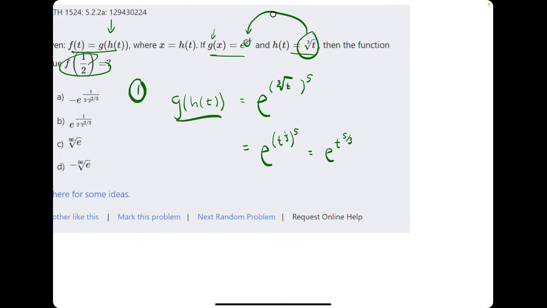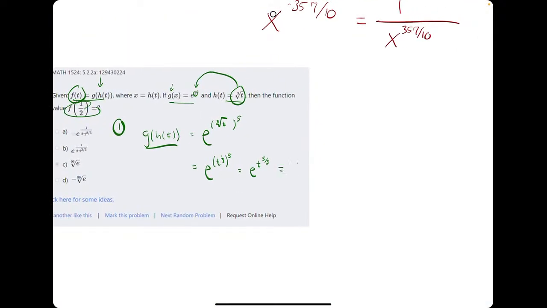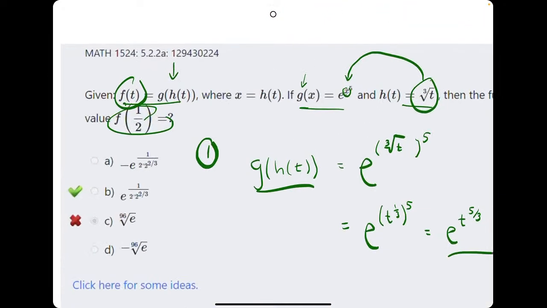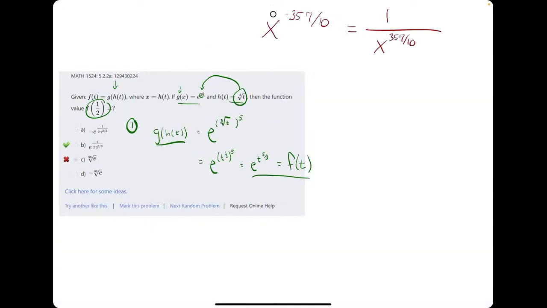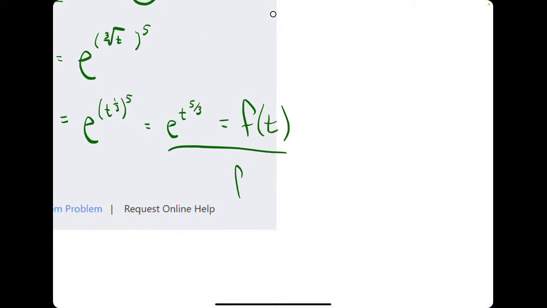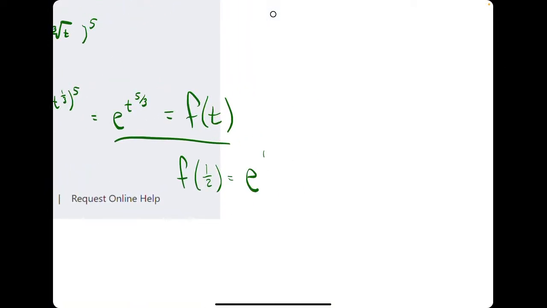So this is G of H of T, but we also know G of H of T is equal to F of T. So if we're finding F of 1/2, we're just going to plug in 1/2 wherever we see T. So it'll be E to the 1/2 raised to the 5/3.